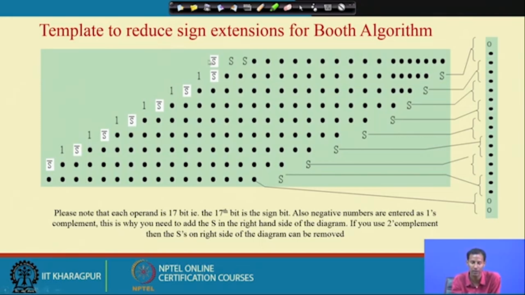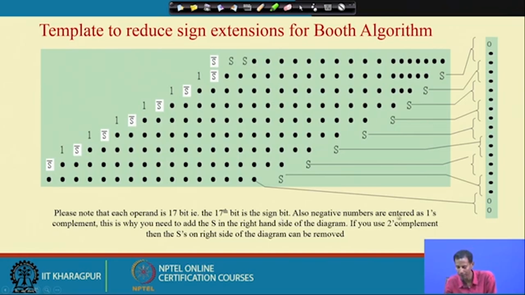Suppose this is the first set, and the partial products are generated something like this. Please note that each operand is considering 8 cross 8. So, 16 bit is 17 bit, that is the 17th bit is the sign bit.